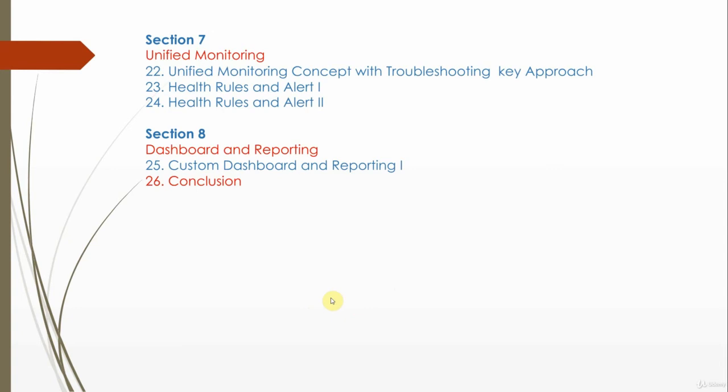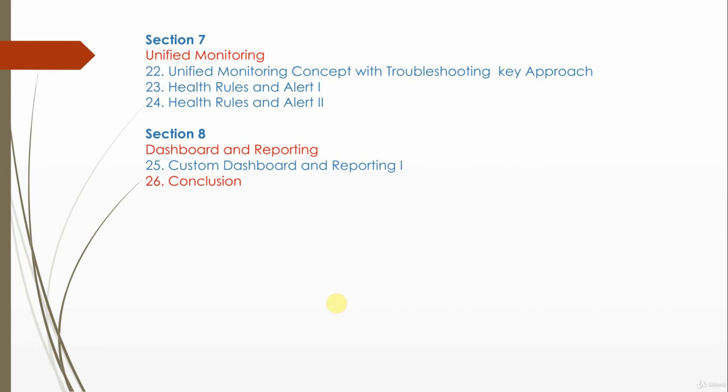In section 7, we look at the unified monitoring concept and strategy of AppDynamics. So here AppDynamics is giving you a holistic approach to how you can monitor end to end. Within this foundation course there is quite a lot to discuss, but we're trying to touch a lot of areas.